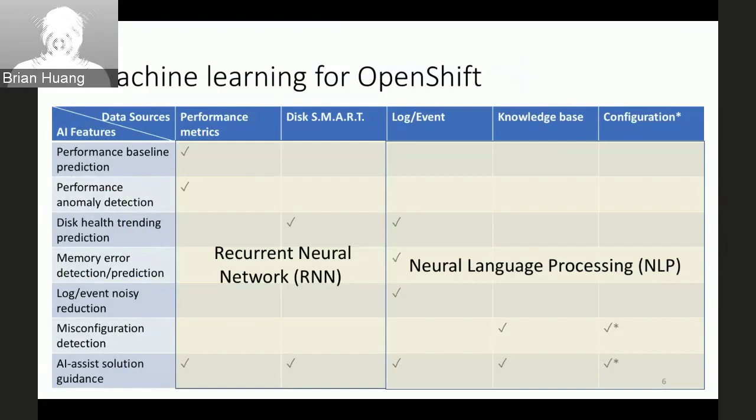And for unstructured data, which includes log events and knowledge-based configuration, we use natural language processing to provide things such as disk trending prediction and memory error detection prediction from log events, and even detecting misconfiguration of the config file by using NLP. Our final goal is to have NLP provide AI-assisted solution guidance for engineers, IT administrators, and the support team.